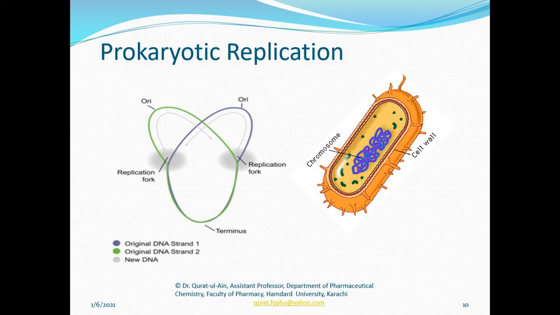First, before understanding prokaryotic replication, we have to understand what prokaryotes are. Prokaryotes are those cells whose genetic material is not bounded by any membrane. Prokaryotes are organisms that do not have any nucleus.